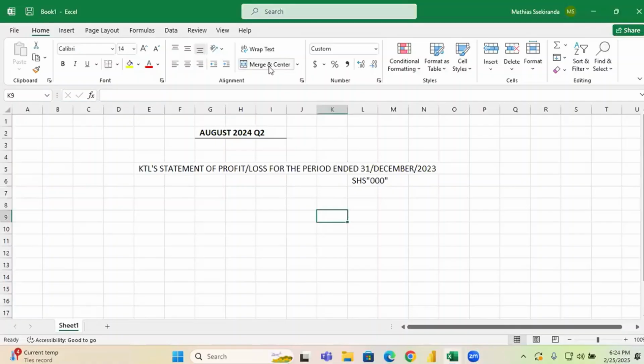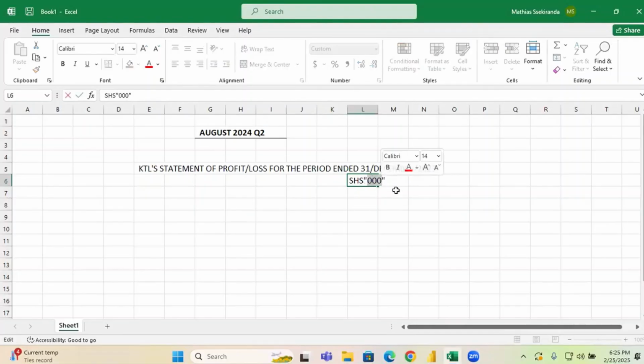I said that a title in financial accounting must have the name of the entity, the name of the statement, the reporting period, and the currency in which you are preparing financials. Now, the level of precision, these zeros, are optional.